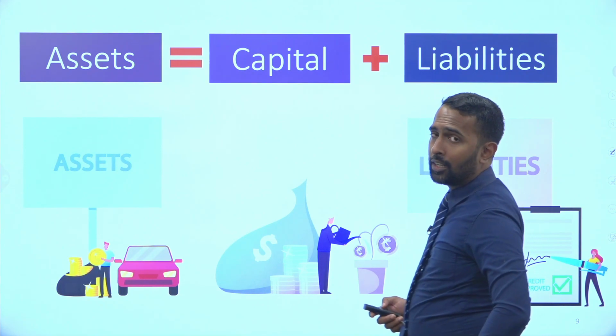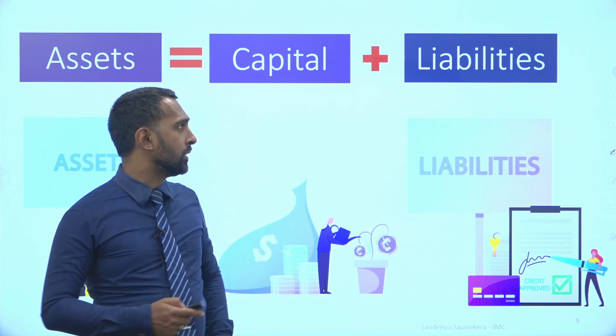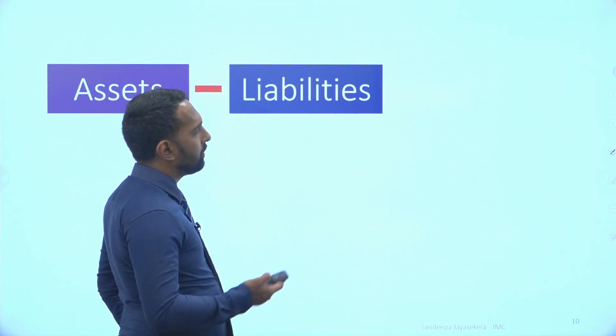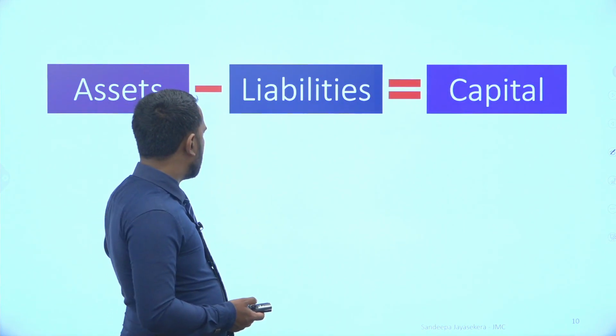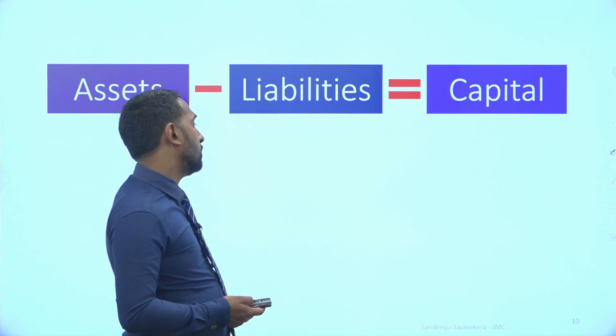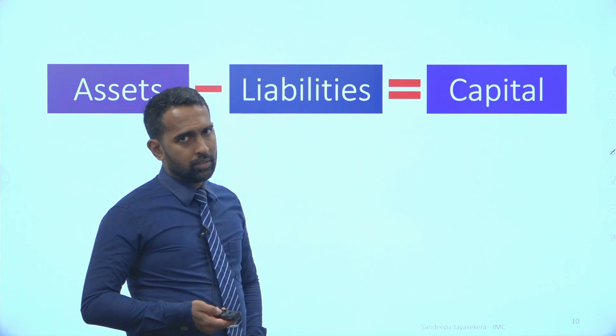And we know that from the assets, when we deduct the liabilities, what we get is the equity or the capital. So that is why we say net assets to the capital.